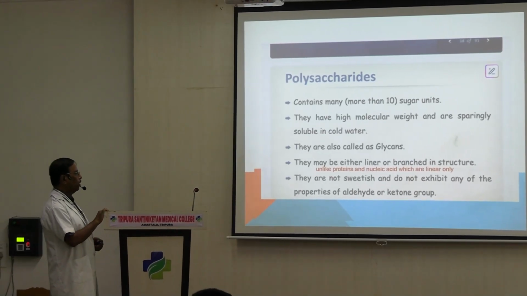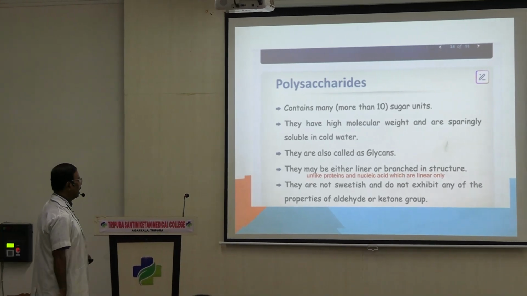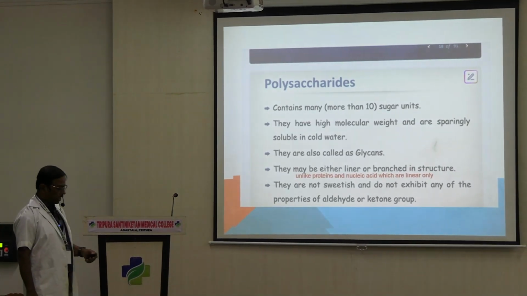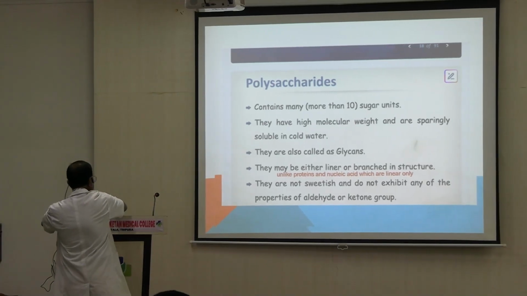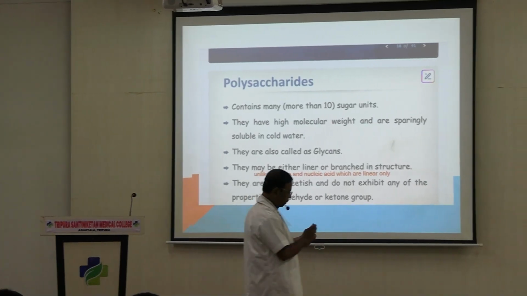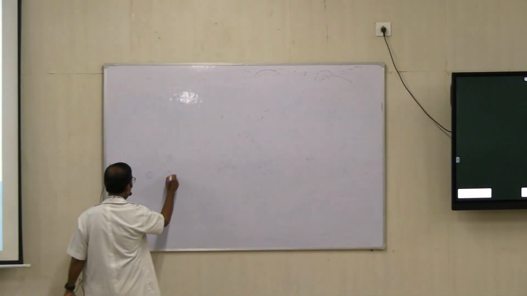Their molecular weight is very high. They are also called glycans. They may be either linear or branched structures. Suppose this is a sugar unit. This is a sugar unit.